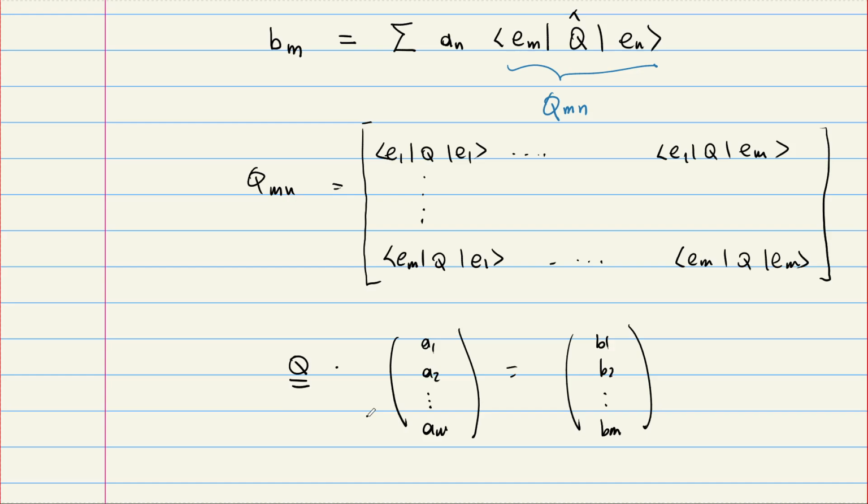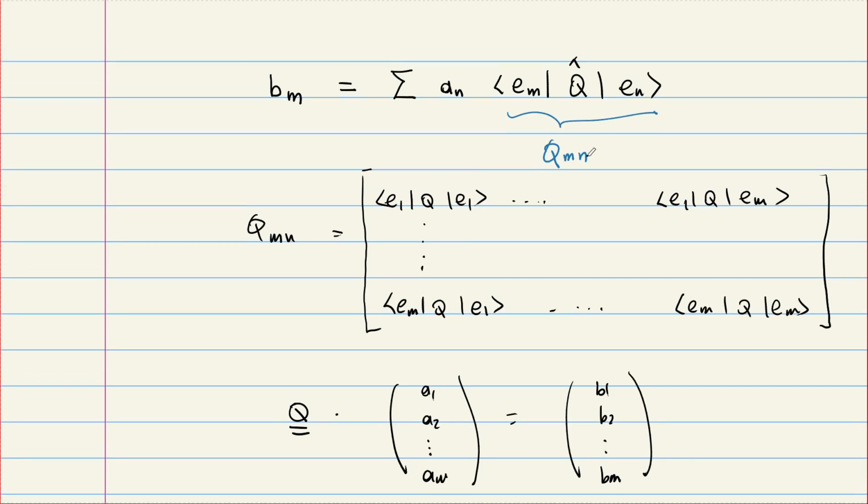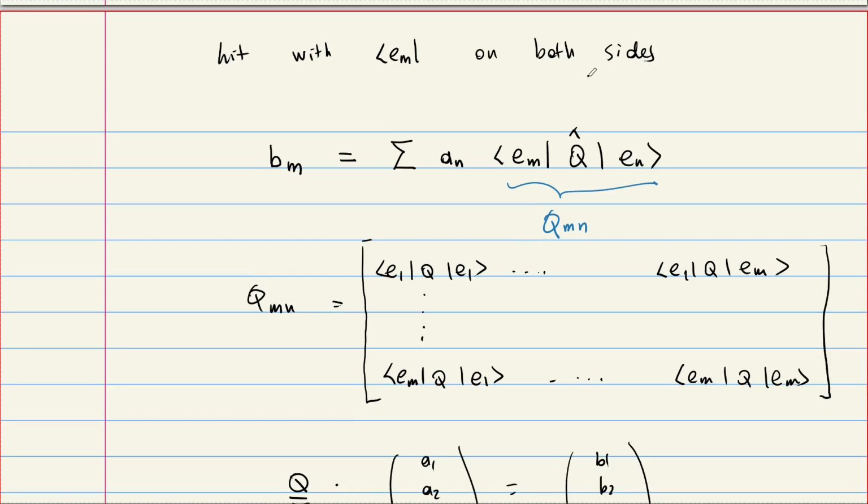Hocam, is that n by n or m by n? Yes, this is m by m, right? Because this ket has m different elements, the bra has m different elements, so the matrix is m by m. We didn't say m by n. Let me say it this way.